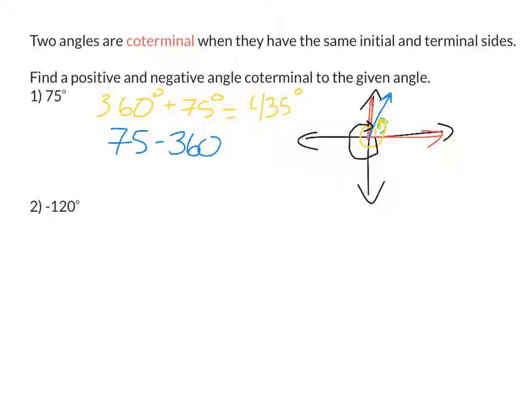It's almost a full negative 360 degree rotation, but we went back that 75. So 75 minus 360 gets us negative 285 degrees. That is a negative 285 degree rotation that I marked there in black, and it is coterminal to a 75 degree angle because it would land in the same spot.